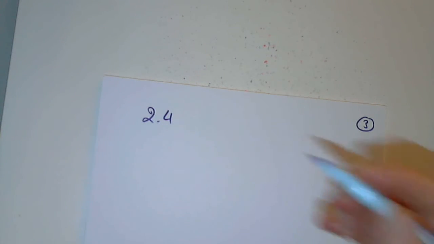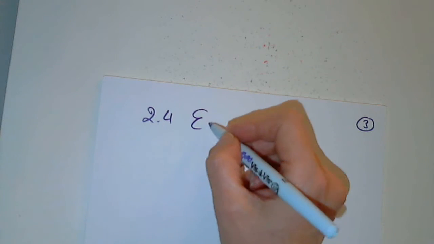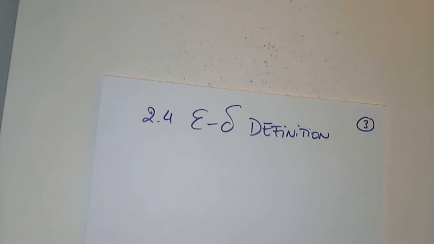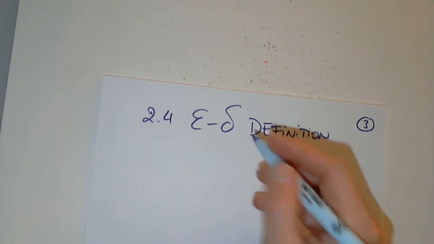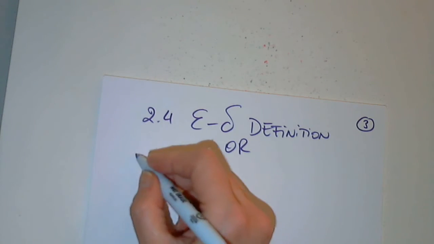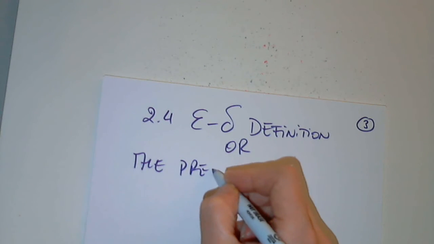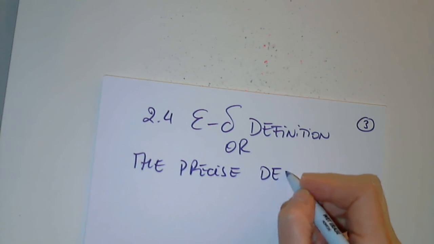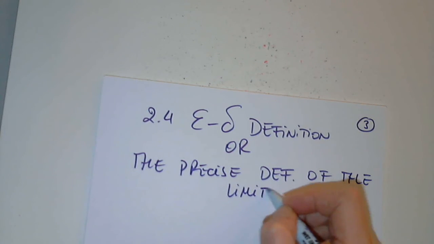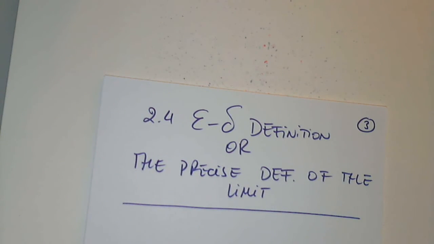It's called the epsilon-delta definition, or the precise definition of the limit. We like to say epsilon-delta so we know what we talk about instead of the precise definition of the limit, but they mean the same thing.